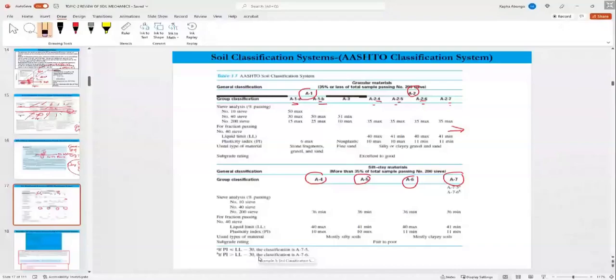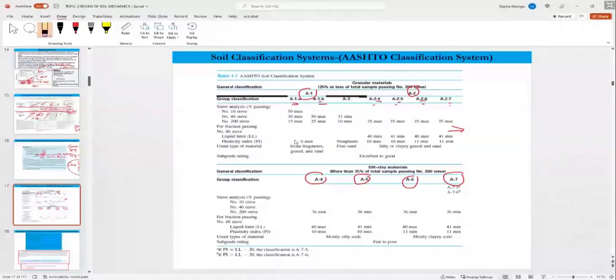Okay, now let's see. This is the criteria used. We would see how much passes sieve number 10, sieve number 40, sieve number 200, and then use the liquid limit and PI.